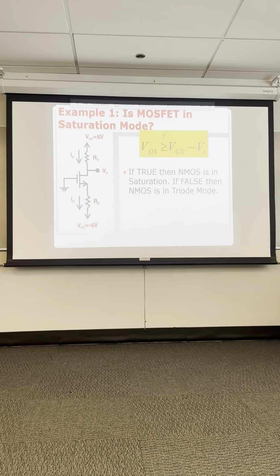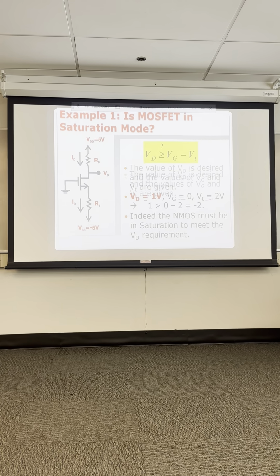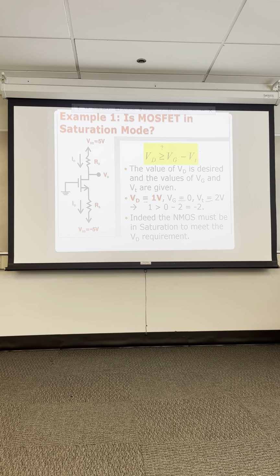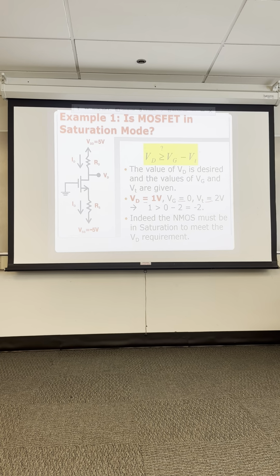to drop that term when we do this check. And do this check if the drain voltage is greater than or equal to the gate voltage minus the threshold. Now we still need the source voltage, but to do this check, we can make this check without the source voltage.